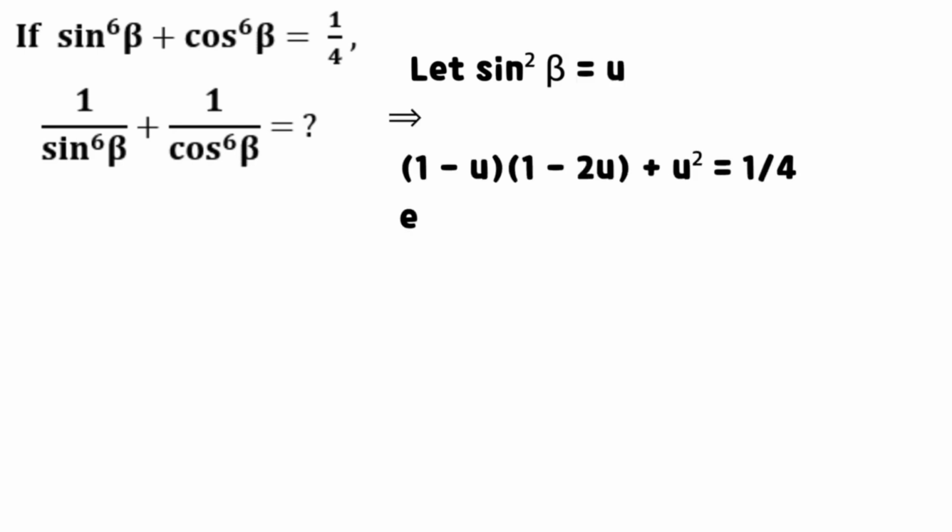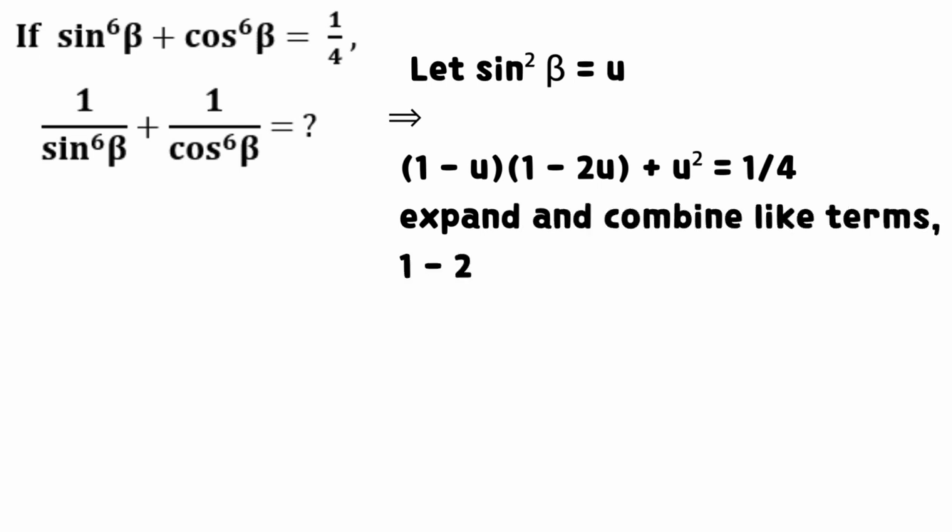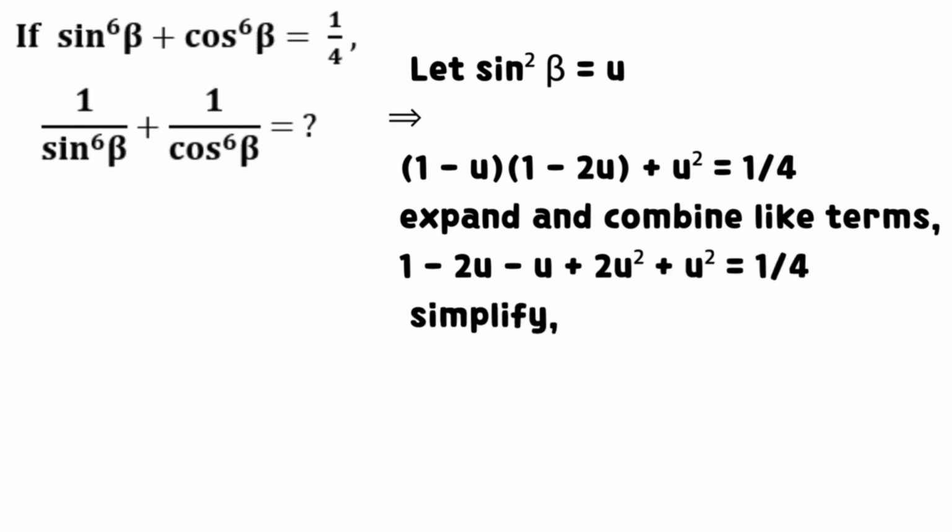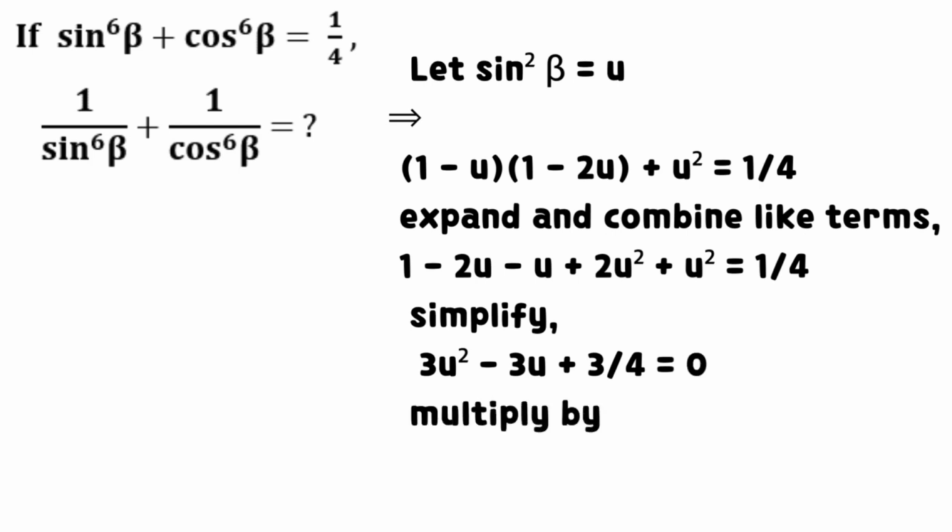Let the square of sine beta equal u. It signifies that the product of 1 minus u and 1 minus 2 times u plus the square of u equals 1 divided by 4.